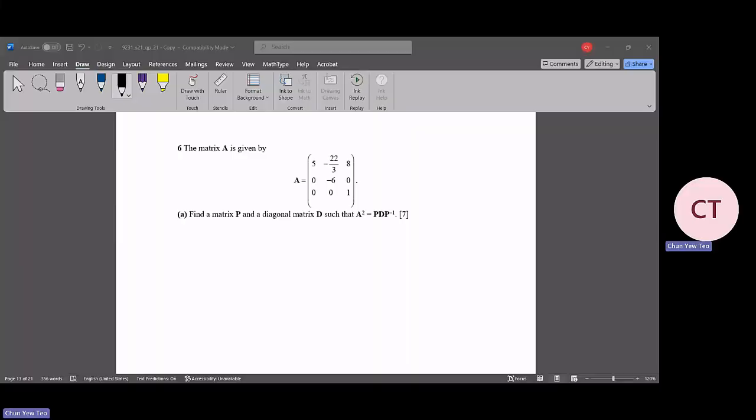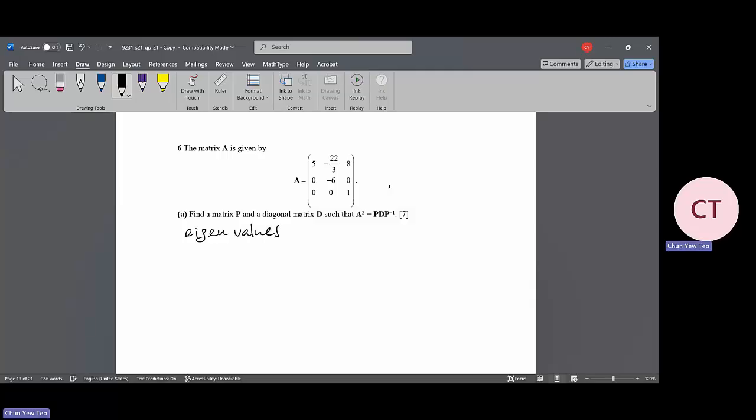We have a matrix A given as the following expressions over here. We want to find the matrix B and the diagonal matrix D, where A squared is equal to B D B inverse. Okay, so of course we need to find the eigenvalues.